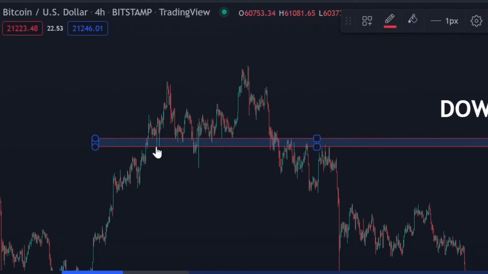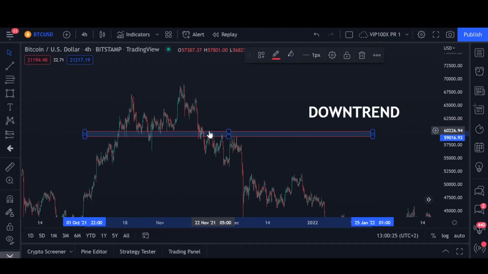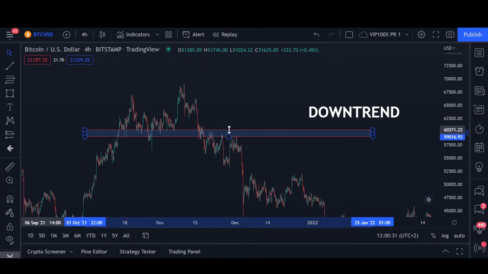Here we have this wick and several touches on this price, which will act as support and resistance. As we can see, we have several highs that are below the previous high, forming the downtrend and breaking the previous structure.